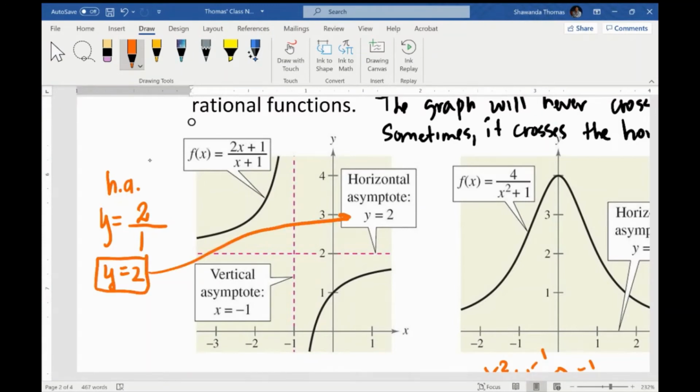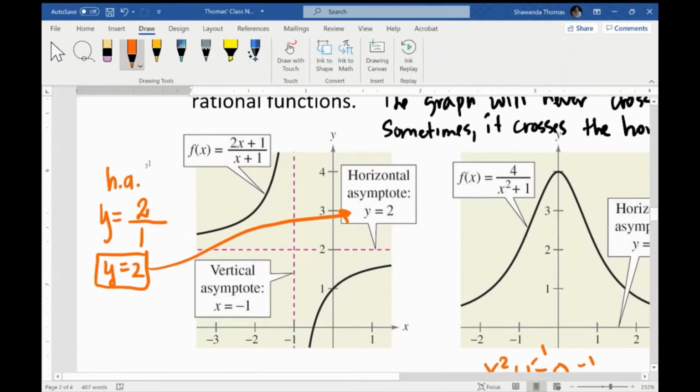That's where they get that from. And you see the little dashed line right here. At y equals 2 is a horizontal line. That's why you have to put y in front of the number. Y equals the number. I'm going to be hard on y'all with that. Vertical lines, you're going to put x equals a constant. And horizontal lines, you're going to represent by y equals a constant.